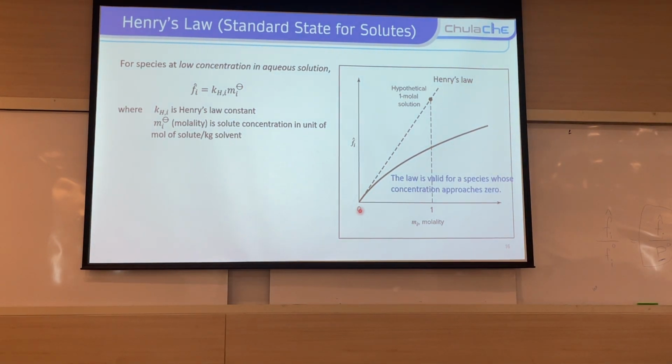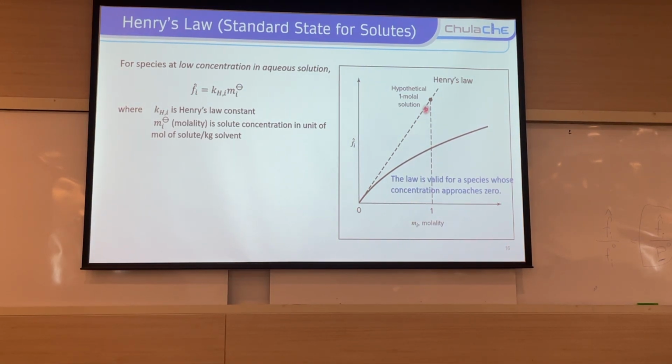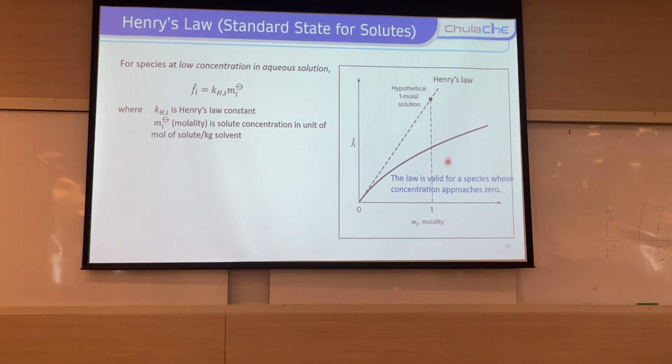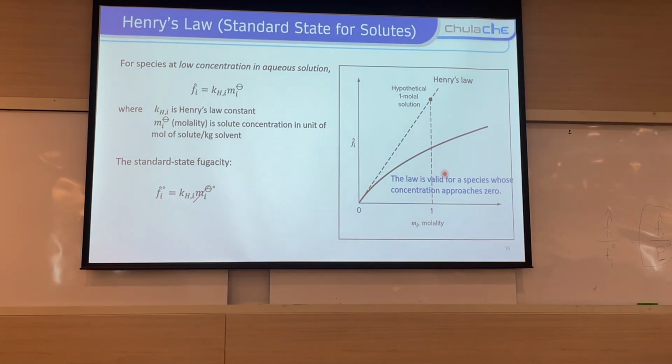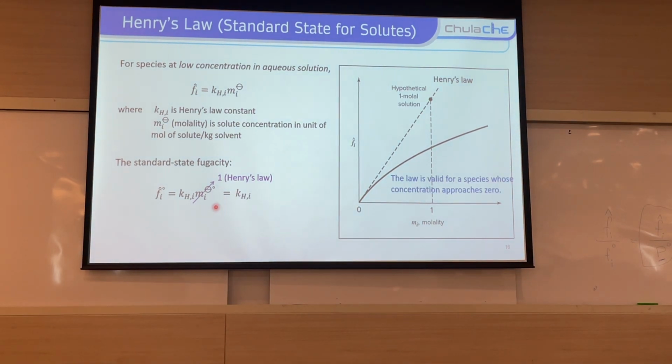approaching zero like this, usually Henry's law can be applied to the concentration at the standard state. In that case, it means that the standard state fugacity based on Henry's law should be equal to 1 molarity. And from this equation at the standard state, I have changed the superscript into the degree symbol here. So it means the standard state fugacity will be equal to the Henry's law constant.